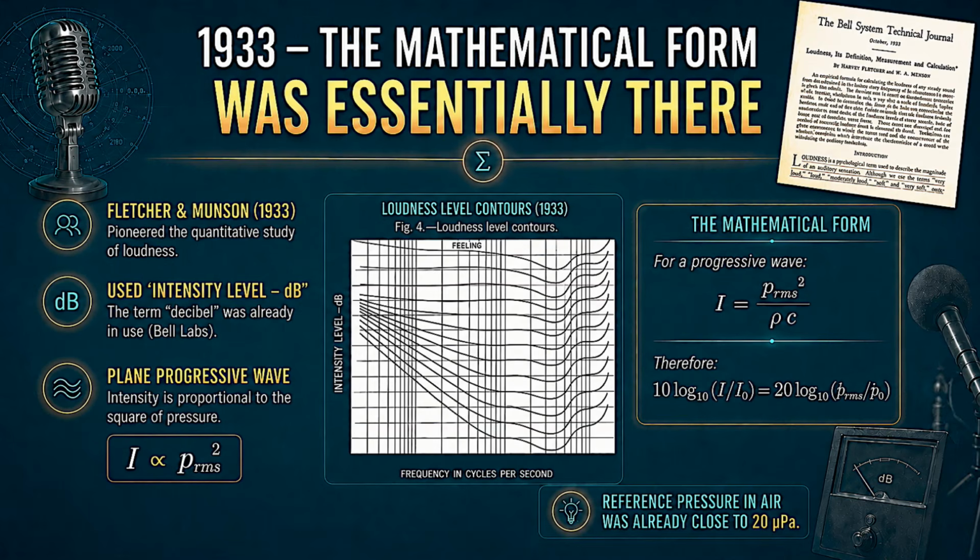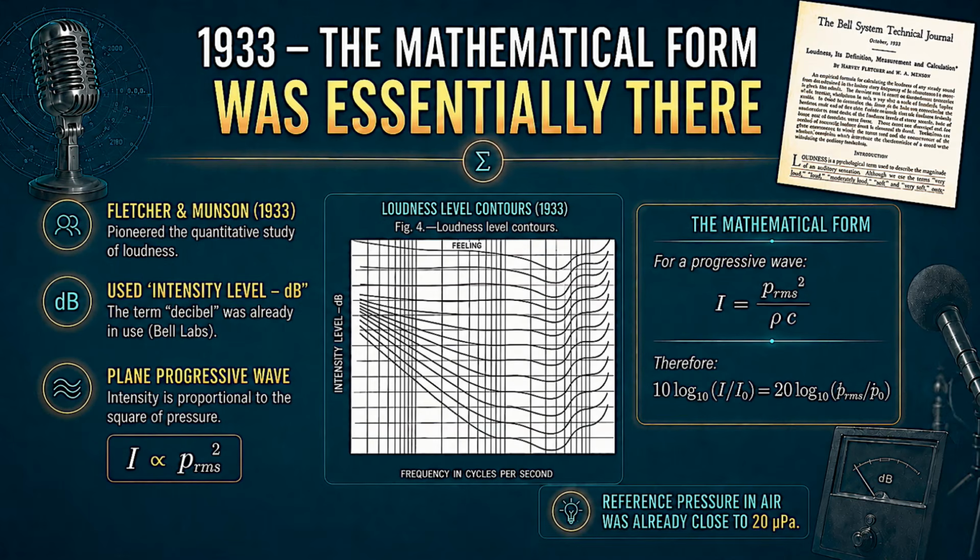And when we put this relationship into the decibel equation, something very familiar appears. 10 times the base 10 logarithm of I divided by I naught becomes 20 times the base 10 logarithm of P RMS divided by P naught. This is essentially the mathematical form of modern sound pressure level.